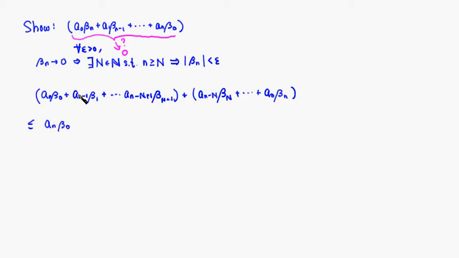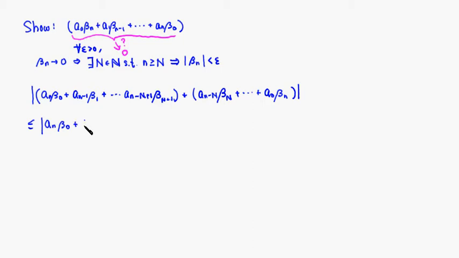Actually, I want to look at the absolute value, so we're going to put the absolute value here. Then we can bound these terms pretty easily, because as n goes to infinity, a_n is going to go to 0.